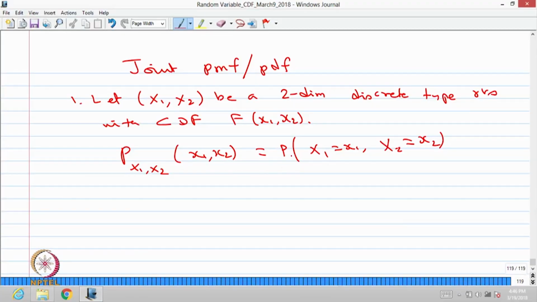Put together, that is the probability of x1 takes a value small x1, x2 takes a value small x2.